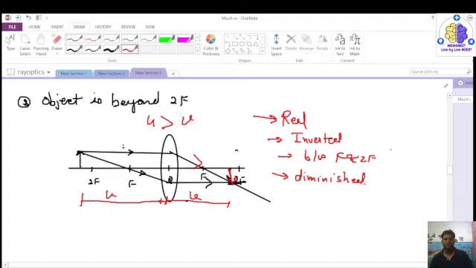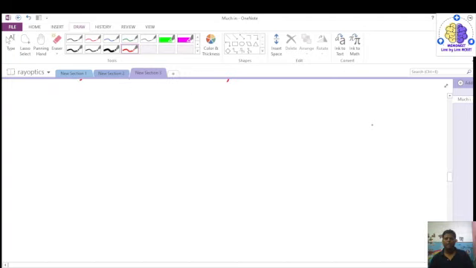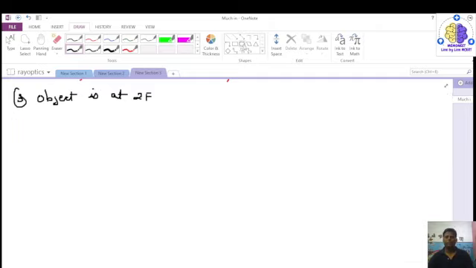Now the next case, when the object is at 2f, right? The object is at 2f.